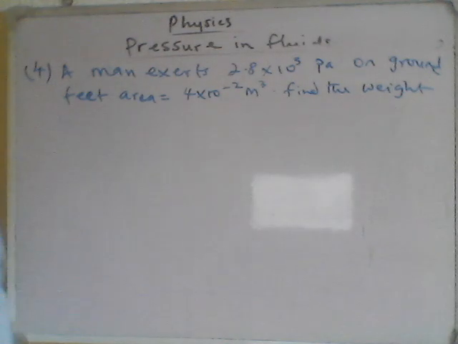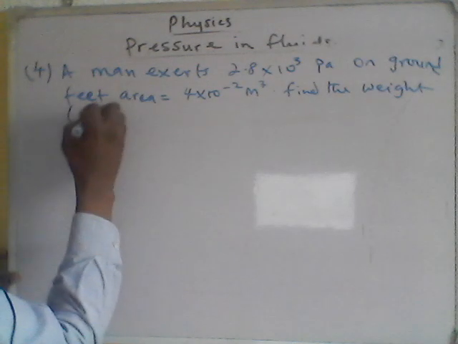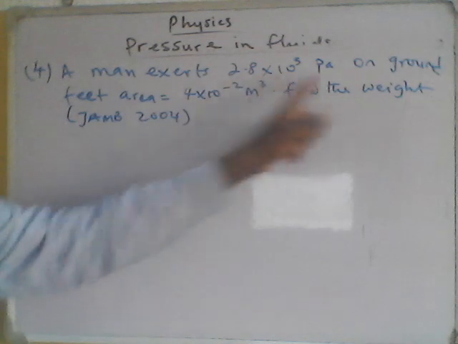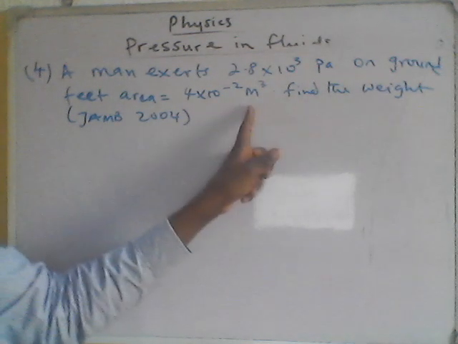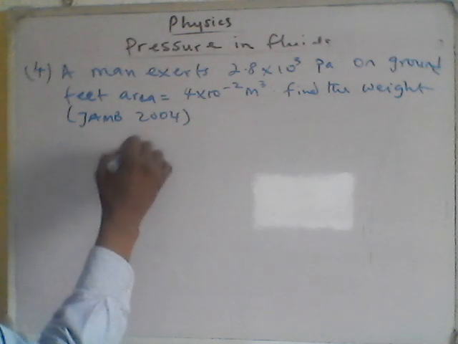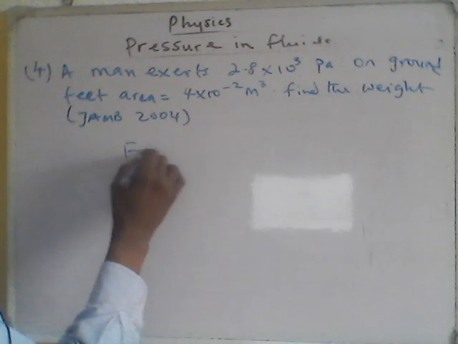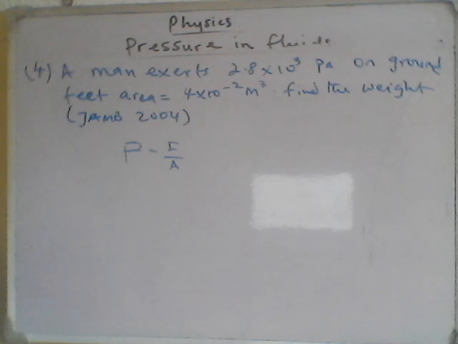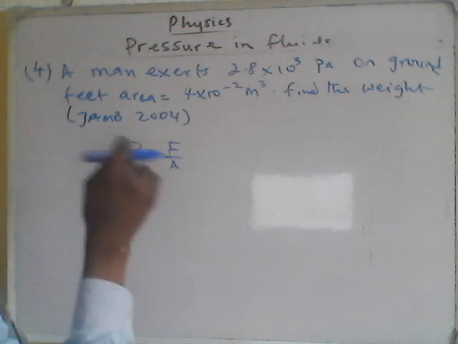Okay, so this question is from JAMB 2004. It says a man exerts 2.8 times 10 to the power 3 Pascal on the ground. The area of his feet is this. Find the weight. Pressure is equal to force over area, right? But now we're looking at it as weight. It's the weight we're looking for.